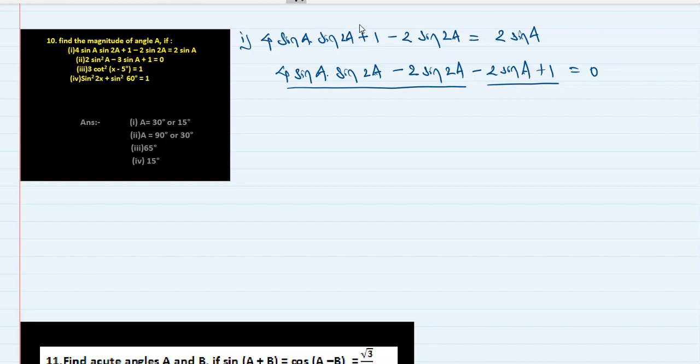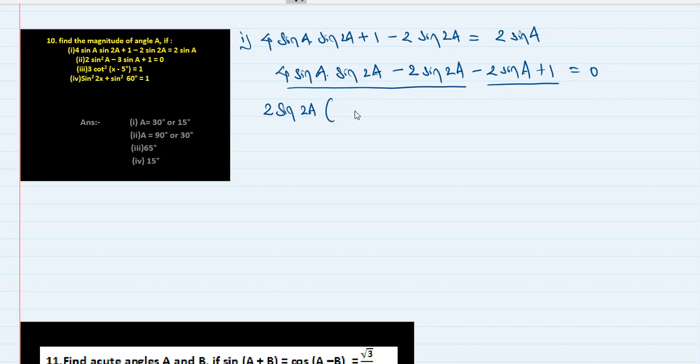So what I'm going to do is group and take out common. That method of factorization which we have learned in chapter number 5, we are using it over here. So factorization is not only limited to the factorization chapter. It finds its application in many other chapters in mathematics. This is one of the examples. So what is common out of these two terms? 2 is common and sin 2A is common.